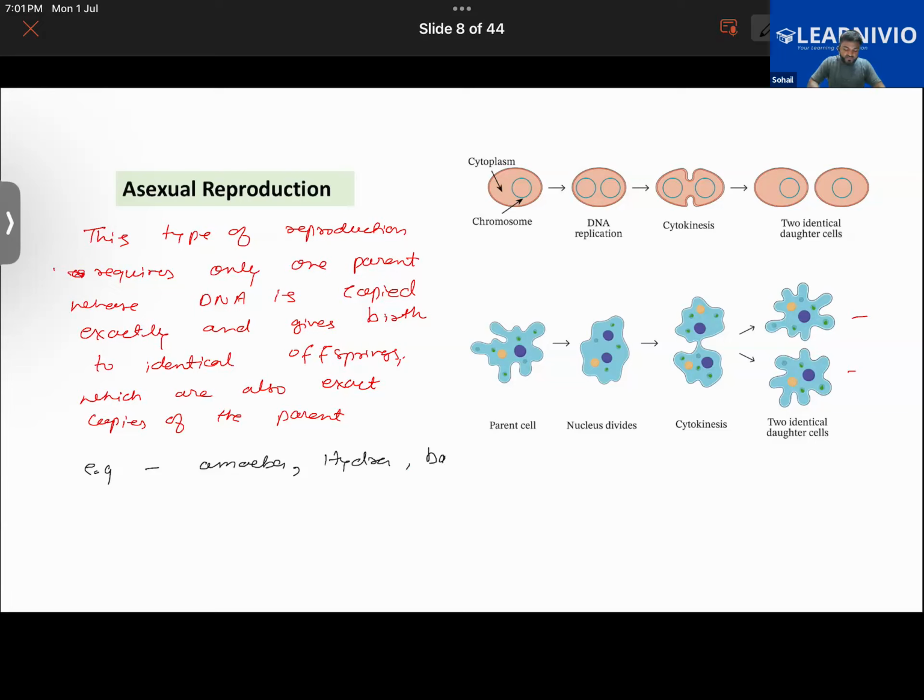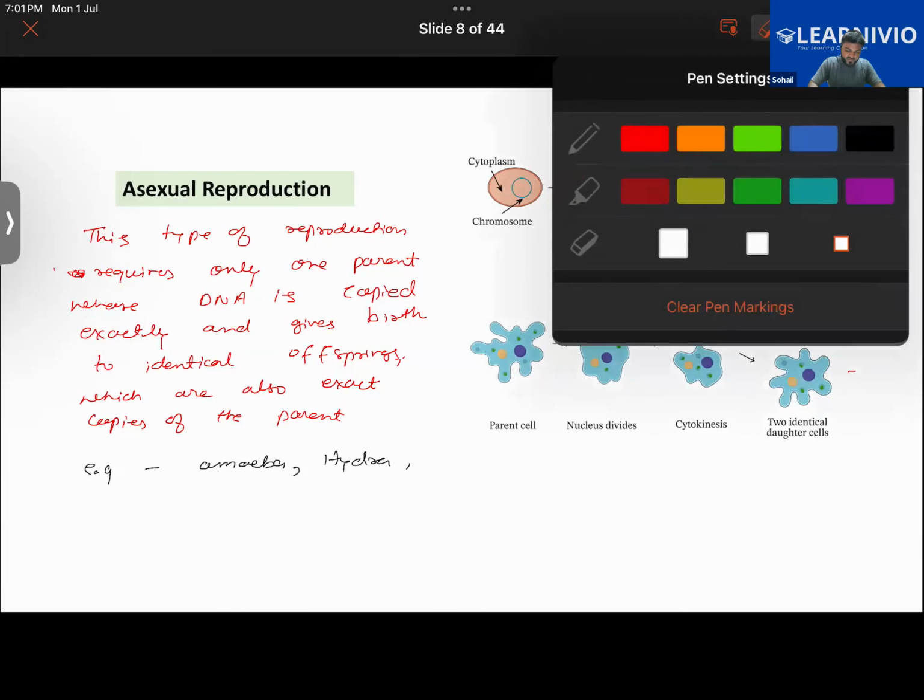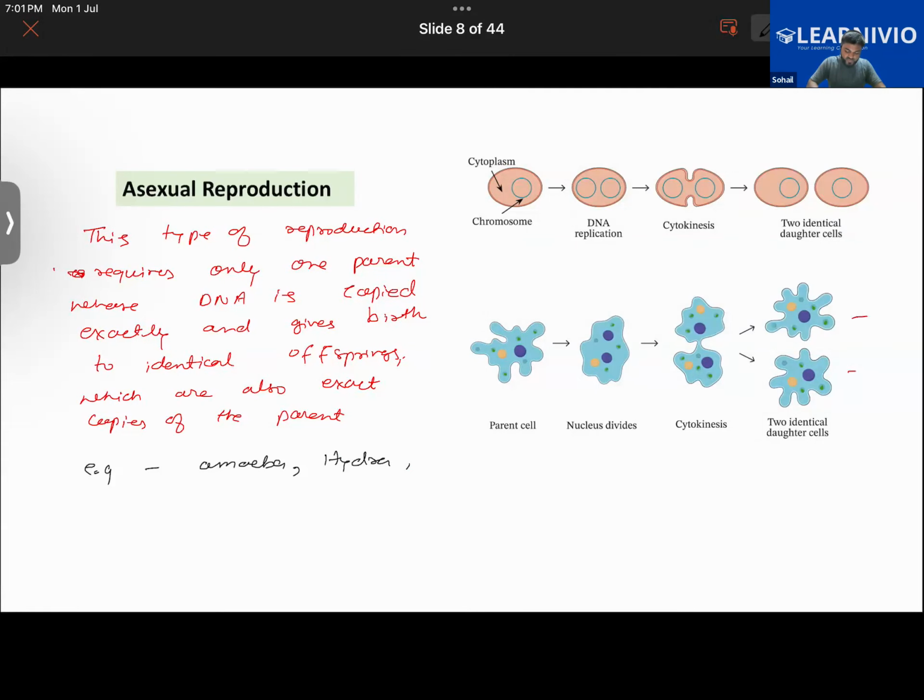Binary fission is actually a method of reproduction in bacteria. So we have bacteria as an example there. Fungi also, very good. Fungi would be reproducing via their spores, right?